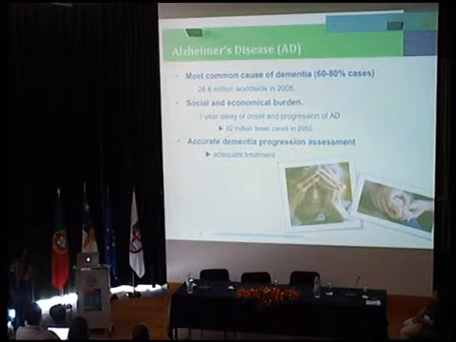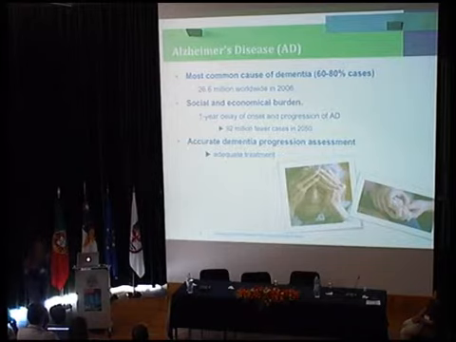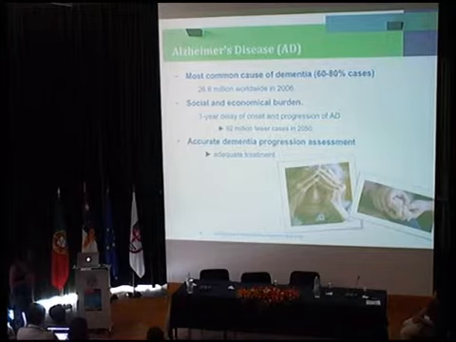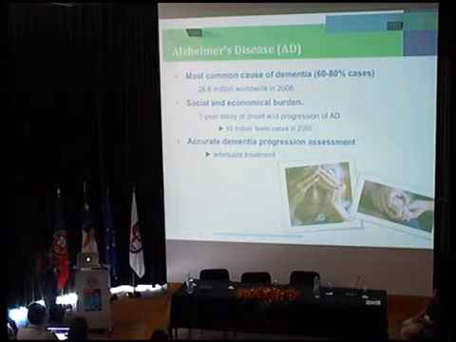Then what we know is that if we can predict accurately what type of person will actually evolve to have Alzheimer's disease or dementia, we can work with them on prevention.